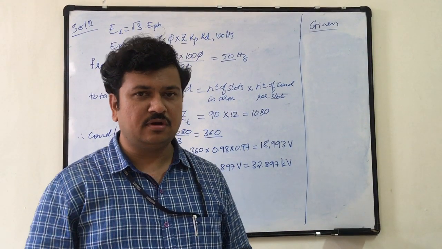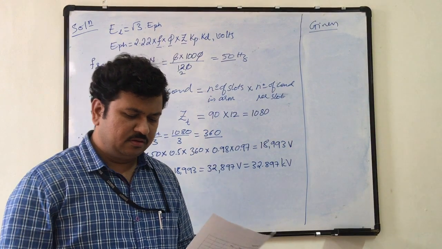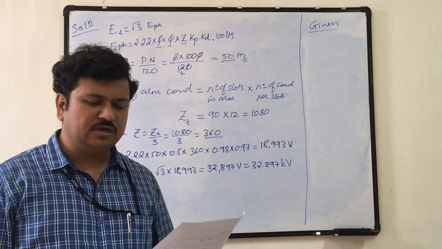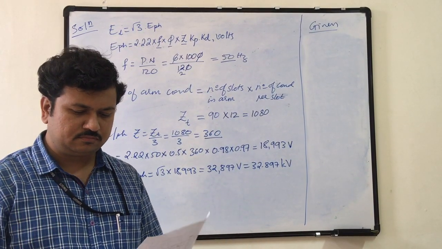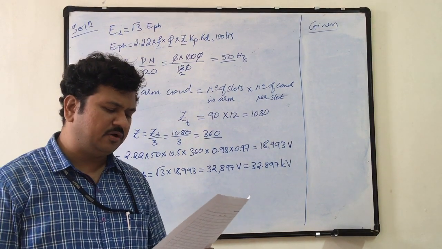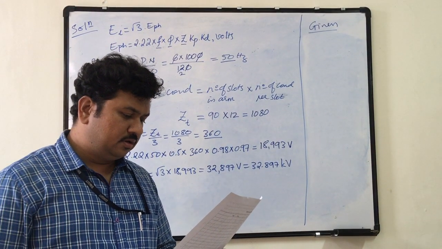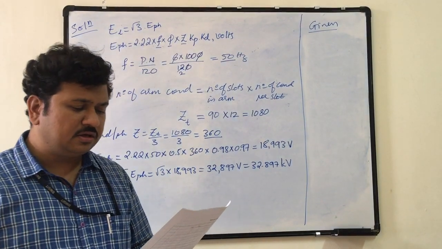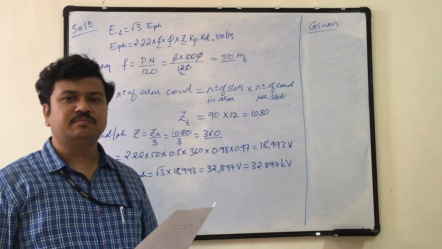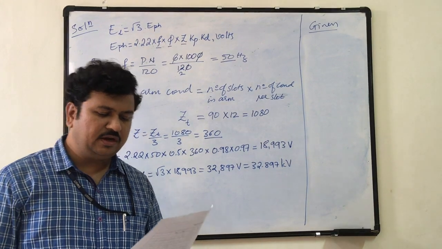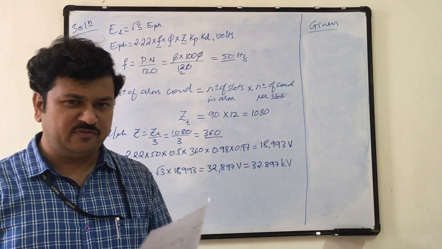It has got 12 slots per pole and 4 conductors per slot. The winding is 5/6 of full pitch.